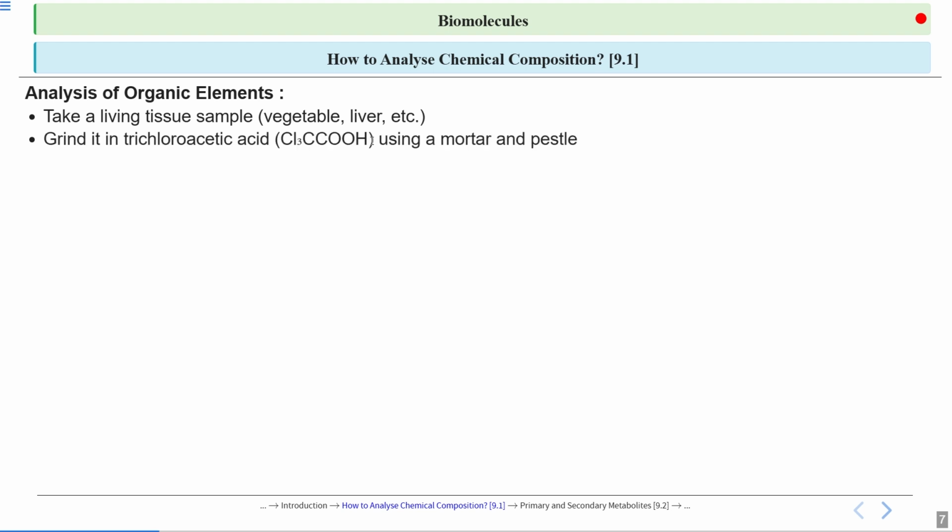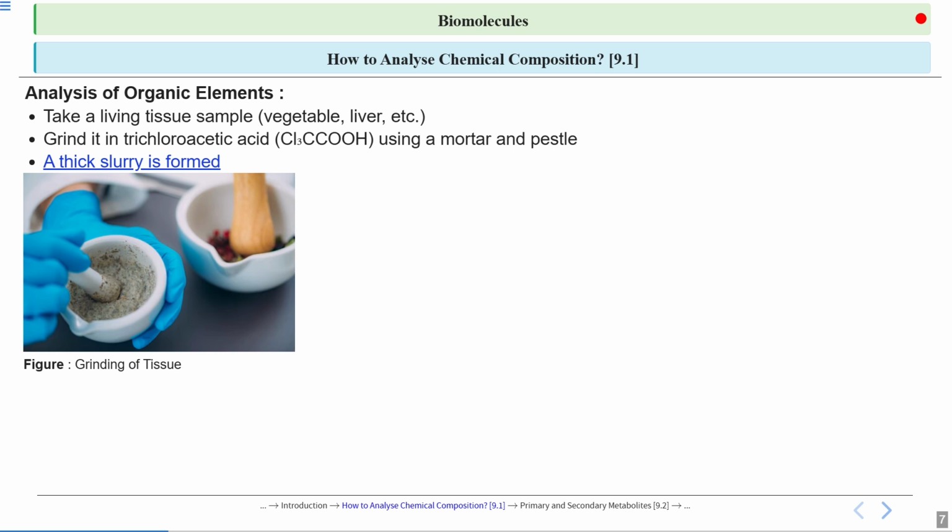Okay. Then you can grind these tissues in trichloroacetic acid using a mortar and a pestle. After grinding, a thick slurry will be formed. Okay, you can see this is the grinding of the tissues being done in mortar and pestle.